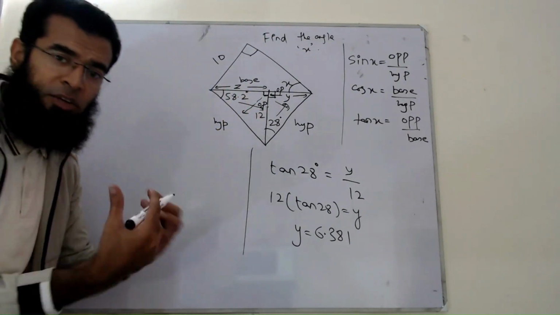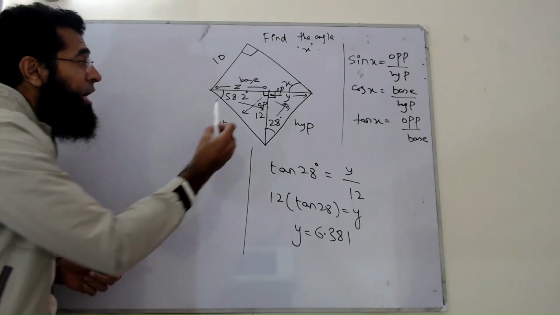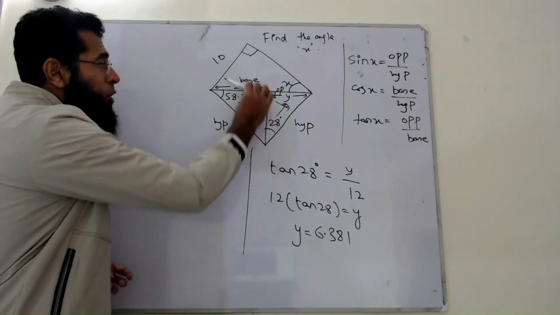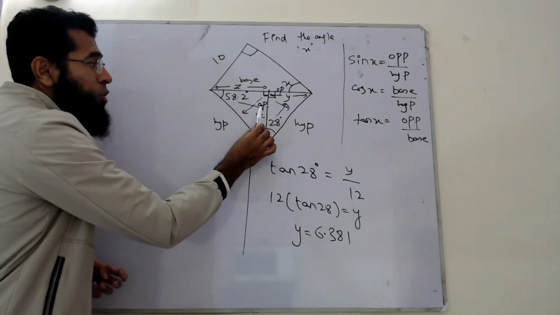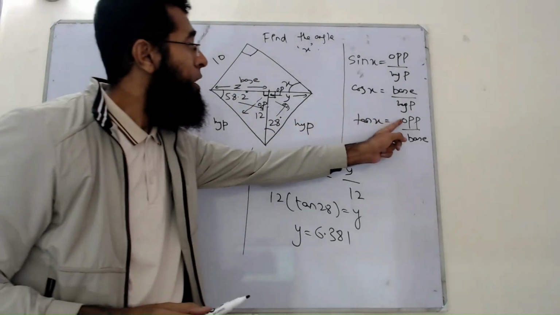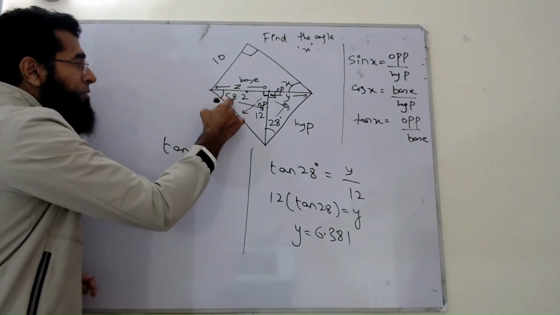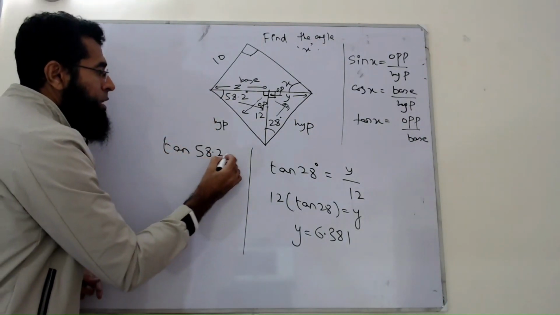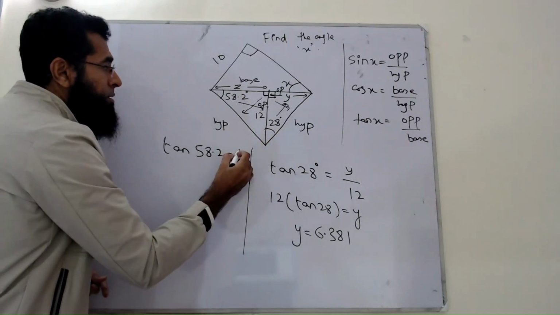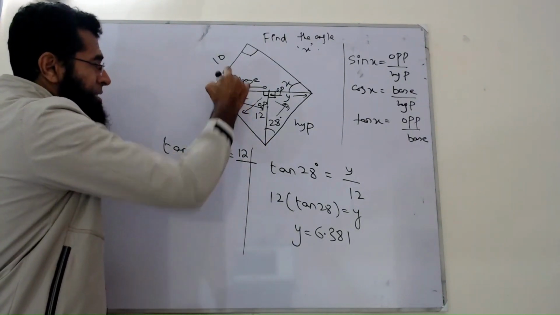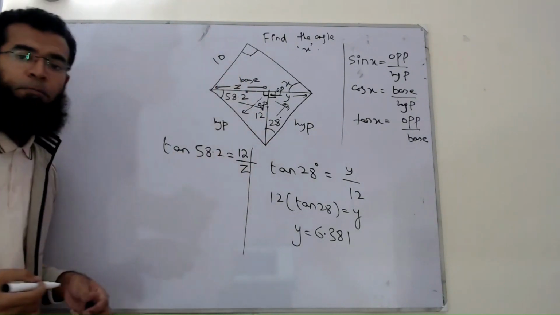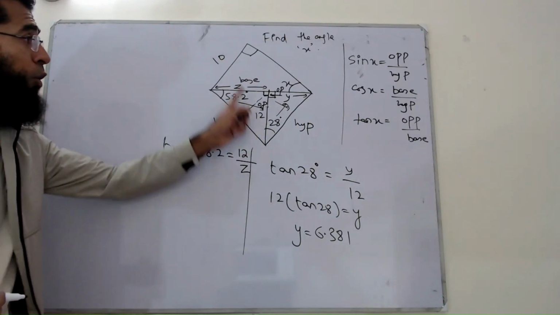Once you label that, we can see which two sides are given: opposite and base. We have to find the base. So opposite and base, once again tan x. So tan of the angle 58.2 is opposite over base, which is z, right? Opposite over base, right beta?